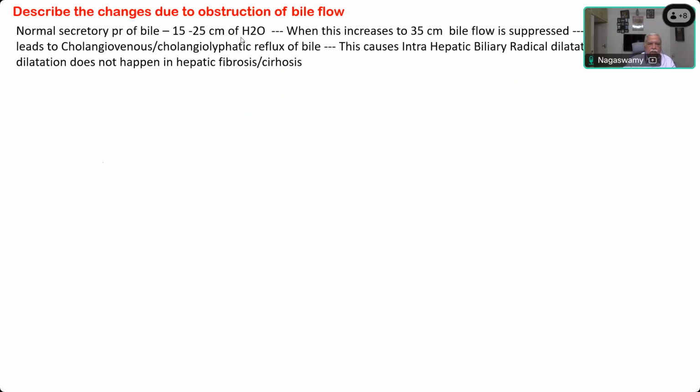It is about 15 to 25 centimeters of water. When this increases to 35 centimeters, bile flow is suppressed. This high pressure leads to cholangiovenous and cholangiolymphatic reflux of bile. This causes intrahepatic biliary radicle dilatation. This dilatation does not happen in hepatic fibrosis or cirrhosis. So in advanced cases, many cirrhosis patients do not develop jaundice because this dilatation cannot happen in them.